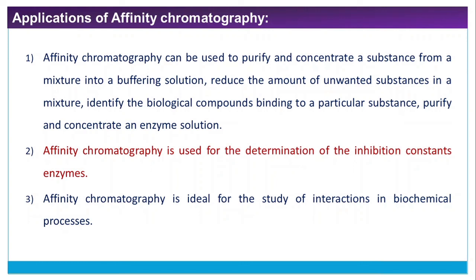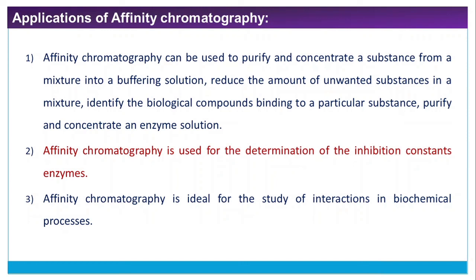So in most cases biological substances, biomolecules, can be separated and purified by using this affinity chromatography technique. Affinity chromatography is used for the determination of inhibition constants of enzymes. So the inhibition constant of enzymes can be determined by this affinity chromatography.